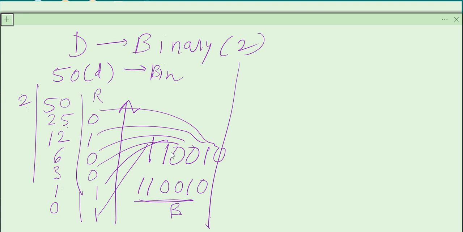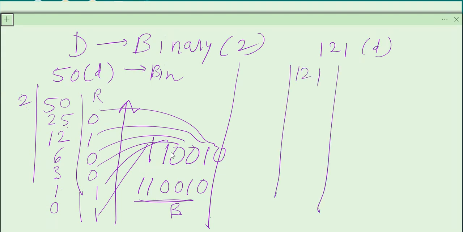Let's have one more example. Let's take a slightly bigger decimal number, suppose 121. Convert it into binary. So 121 divided by 2, quotient 60, remainder is 1. This is the remainder here and this is the quotient here.